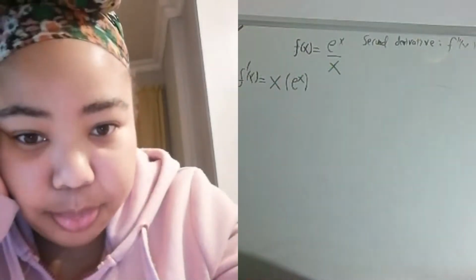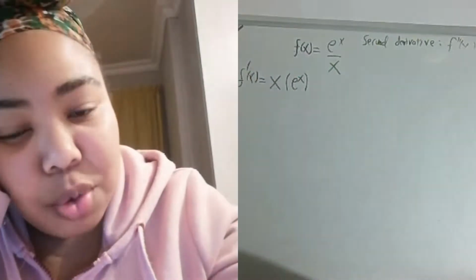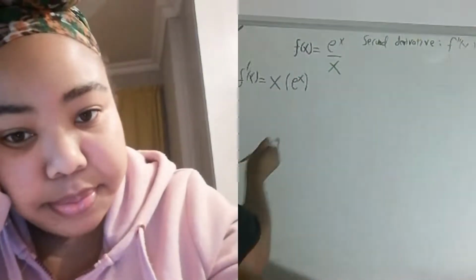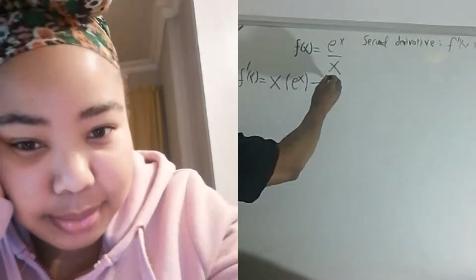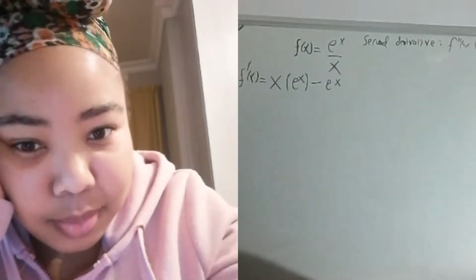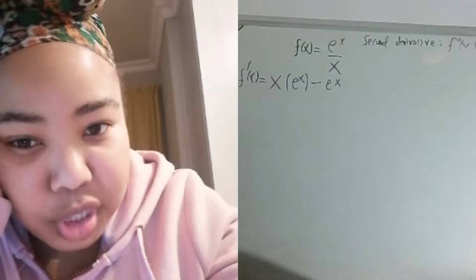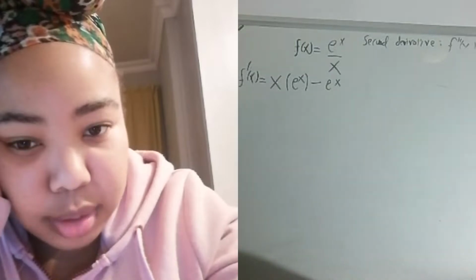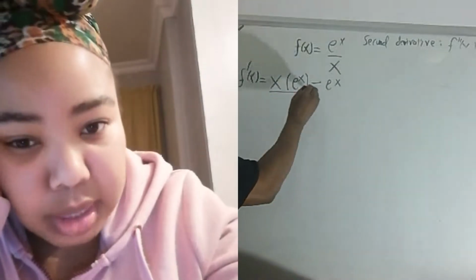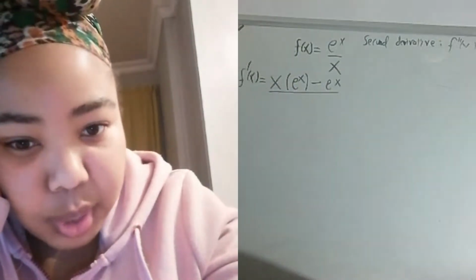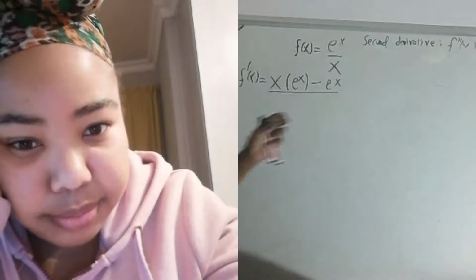And then you minus: e to the power x is constant, and then you differentiate your x, which is 1. So it's going to be e to the power x times 1, equal to e to the power x, and then over x squared. We take the denominator and square it, which gives us x squared.